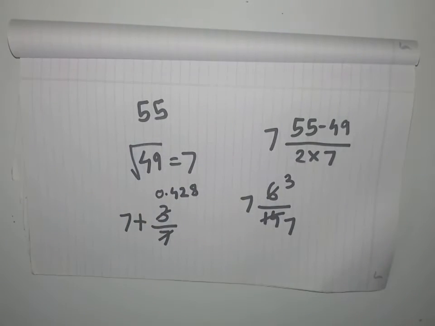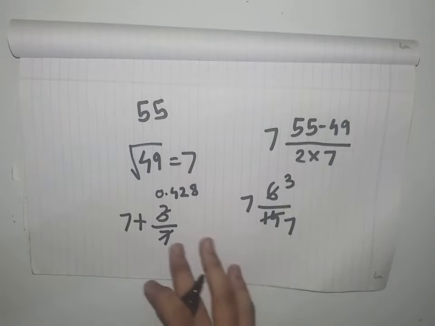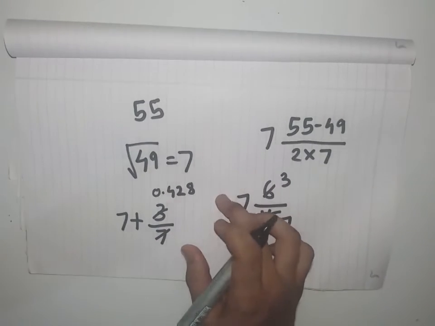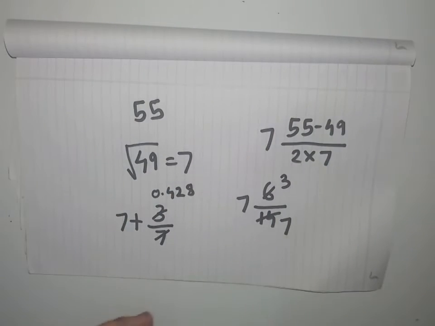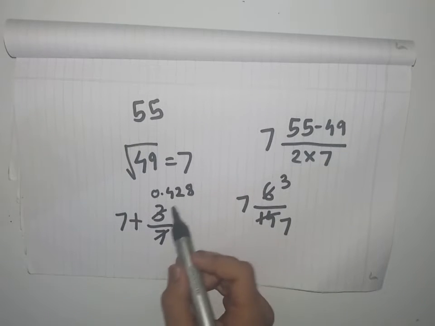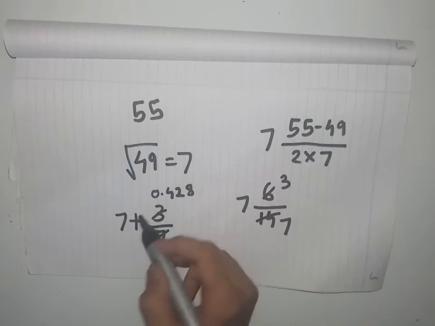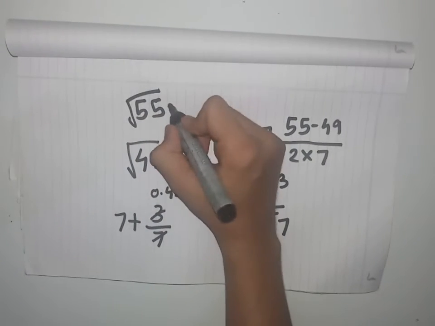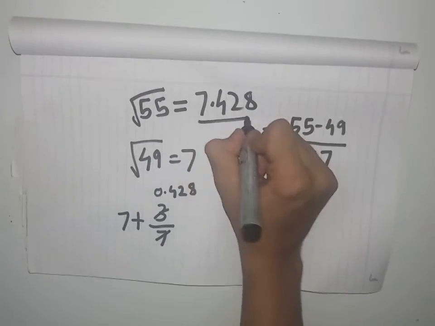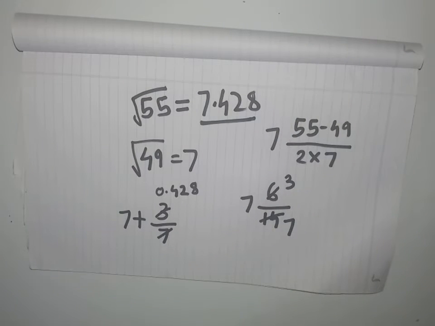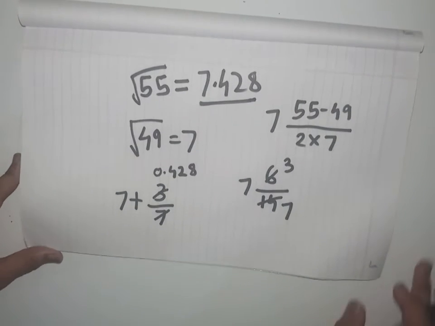If the fraction can give you the decimal till 3 decimal places, you can take out the answer till 3 decimal places. It will make the square root more accurate. So 3 upon 7 is 0.428, and therefore the square root of 55 is 7.428. And this can work for any number. There are no limitations, until you are square rooting a number which is less than 1.